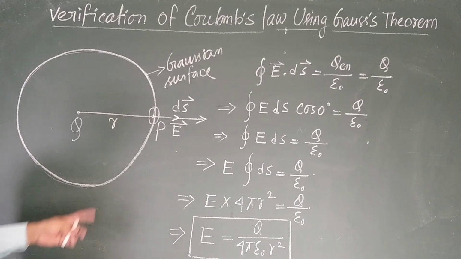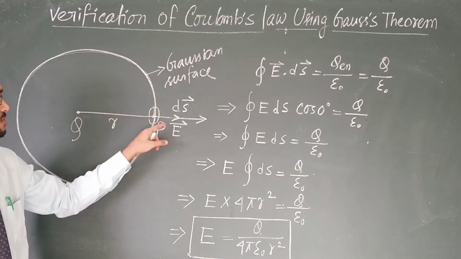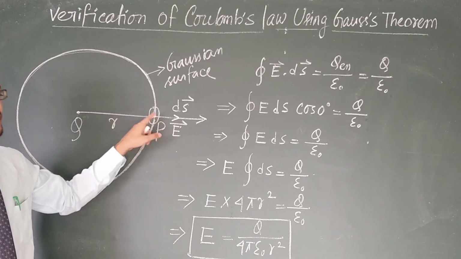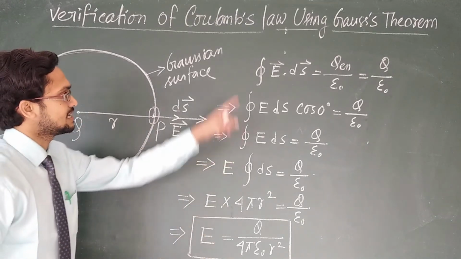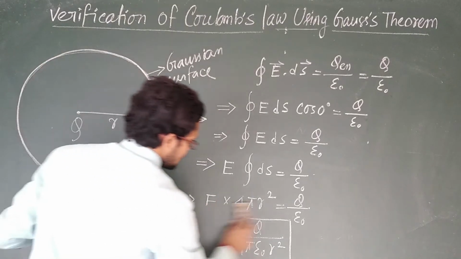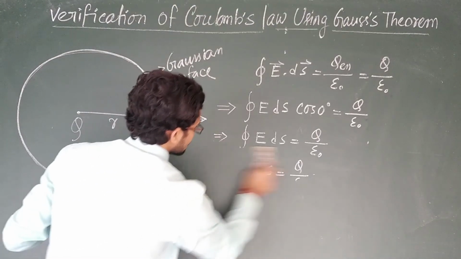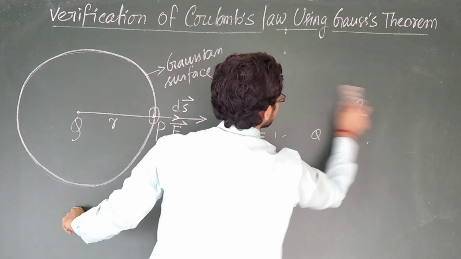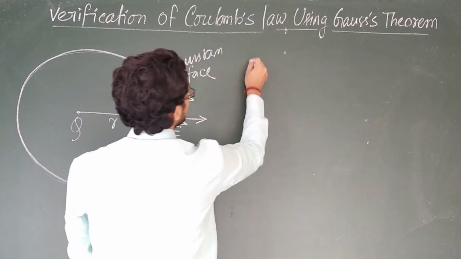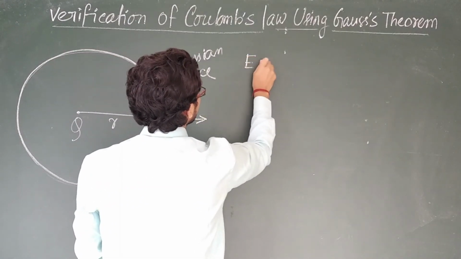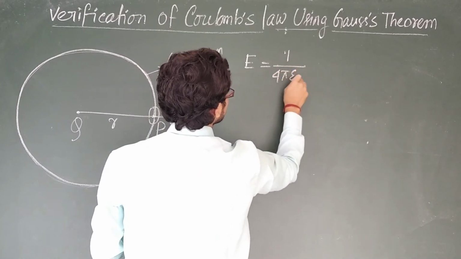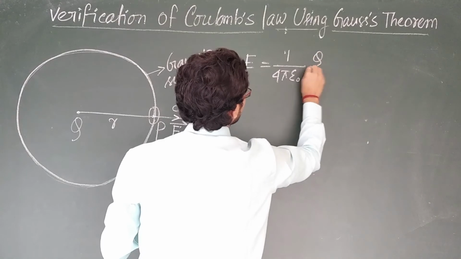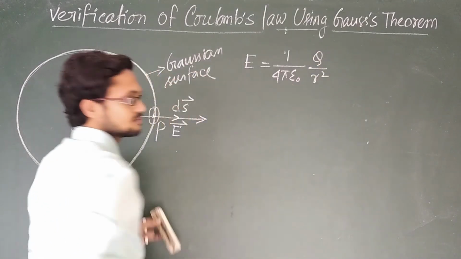Understand? Now we have to find the force on a charge kept at point P due to this charge. I am writing this electric field at the top. The electric field at point P is E equals 1 by 4 pi epsilon 0 q by r square.